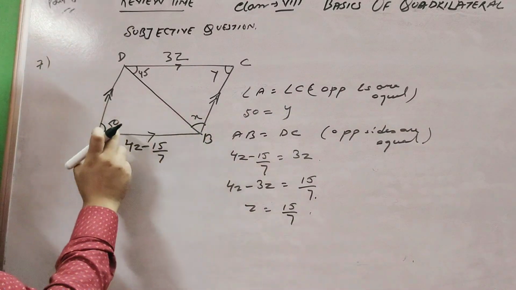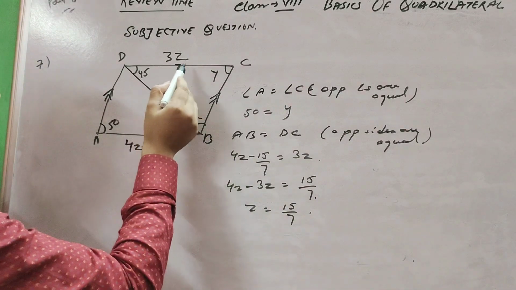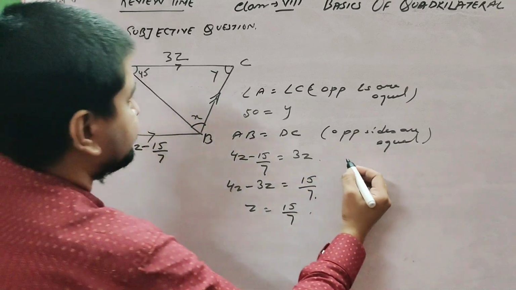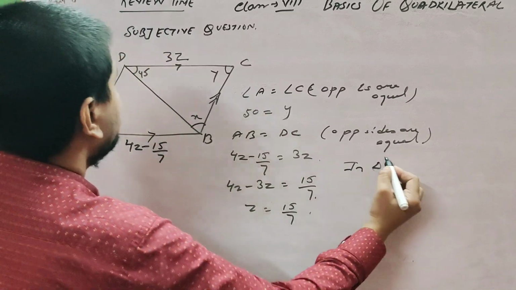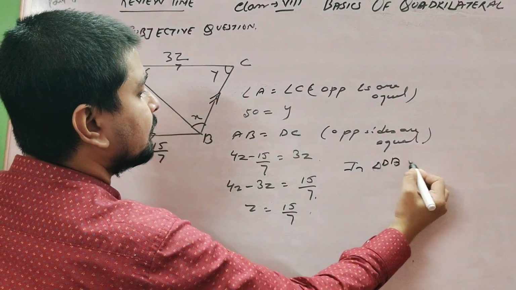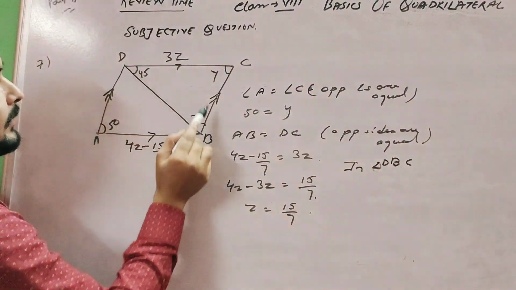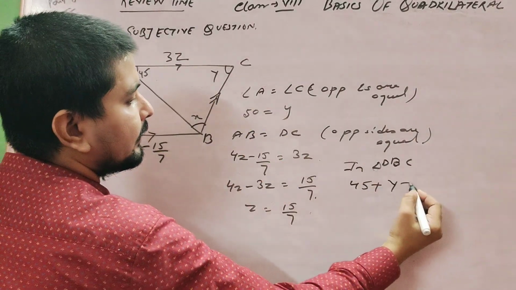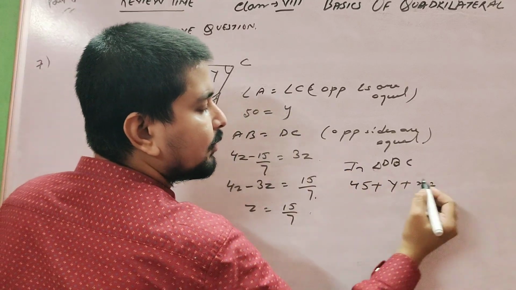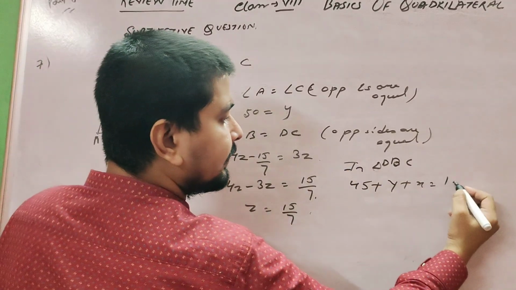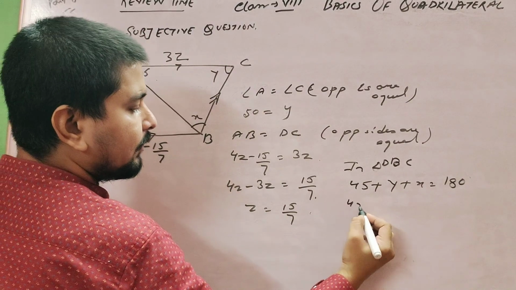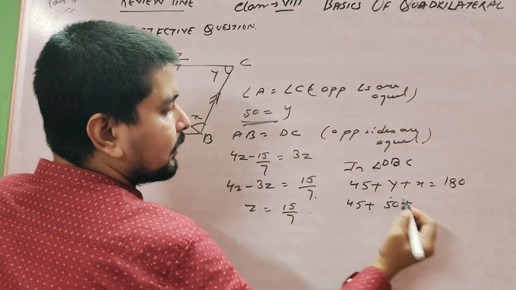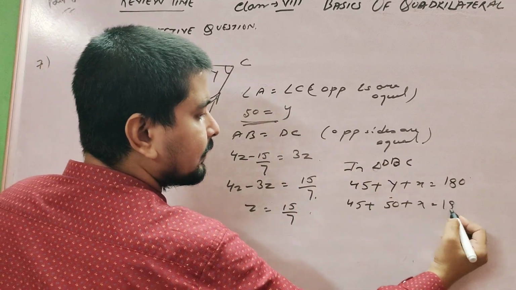Now time for x. You see that this is a triangle. In triangle DBC, there is 45, here is y and here is x. We know that sum of interior angles of a triangle is 180 degree. So we write 180 degree. 45 plus y, in place of y we write 50 degree because we found the value of y is 50 degree.